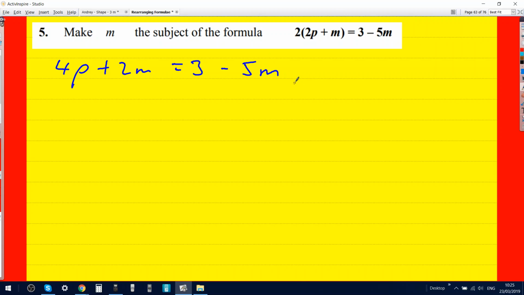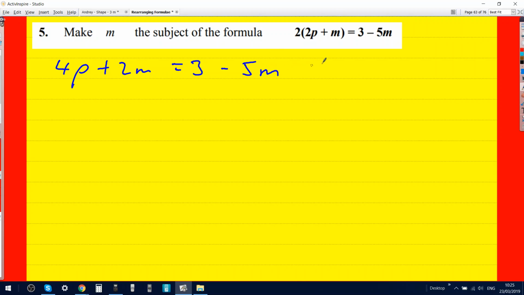And then you would have to add the two m's together. Which of them is smaller? 2. No, sorry, minus 5. And so go about it that way. Is it minus 5 plus 2?